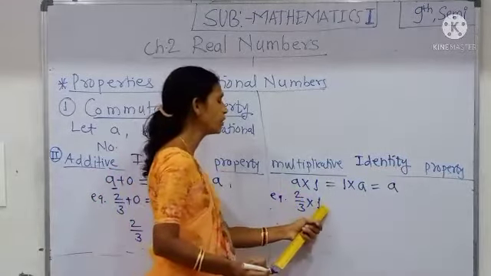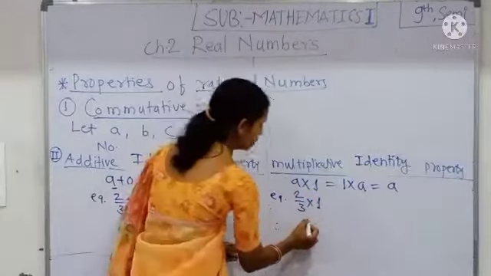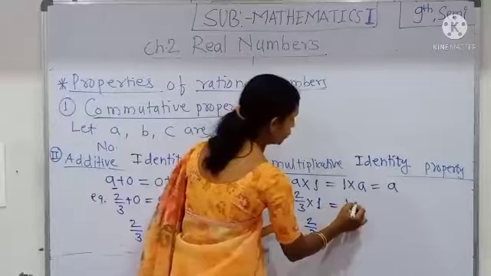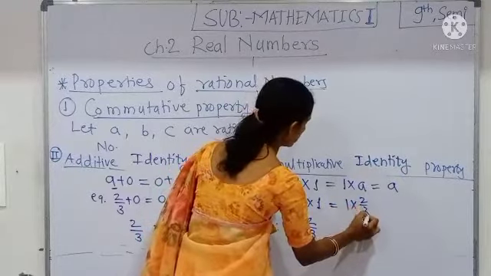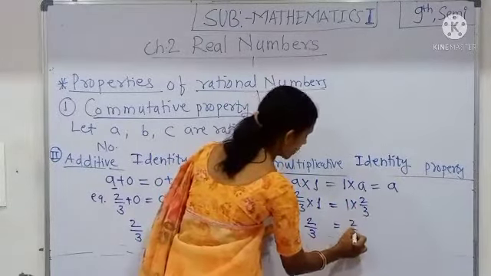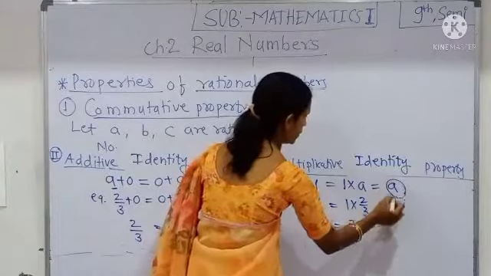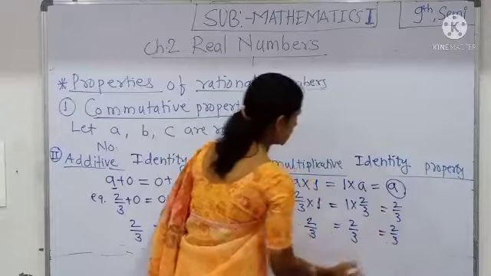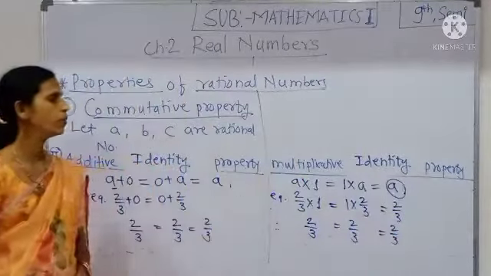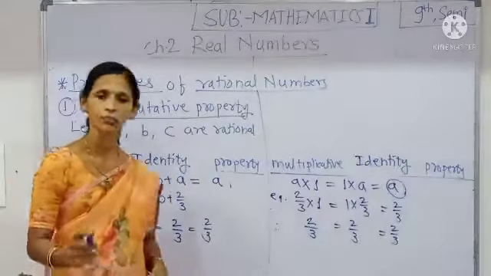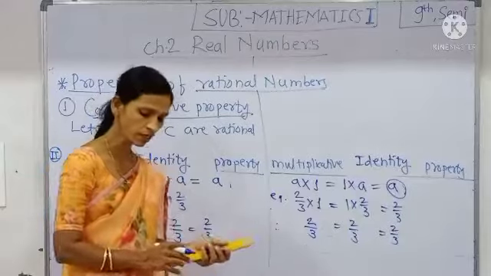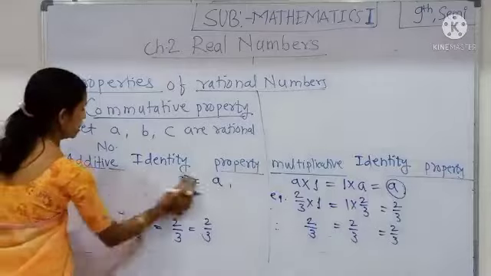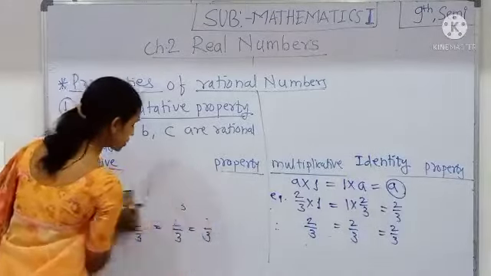Any rational number multiplied by 1, the answer is the same rational number. Similarly, 1 into any rational number is the same rational number. That is the multiplicative identity property. Then the last property, that is additive inverse property.